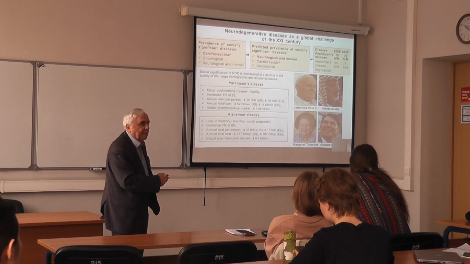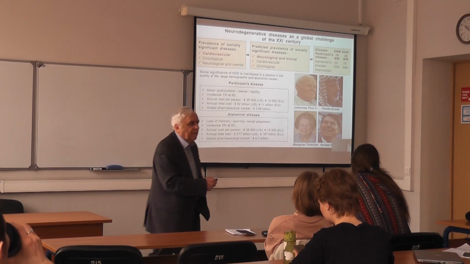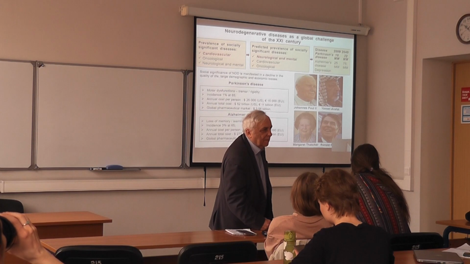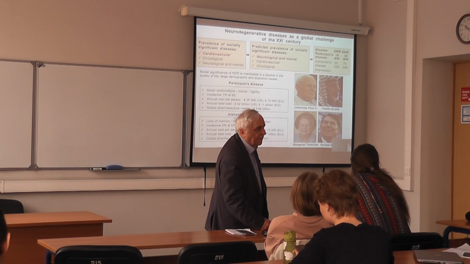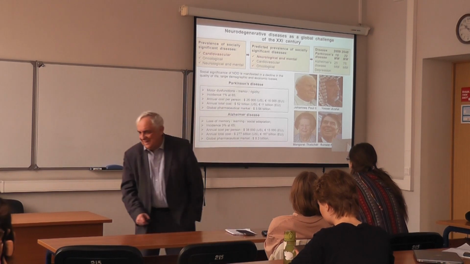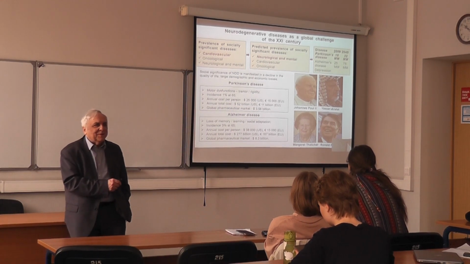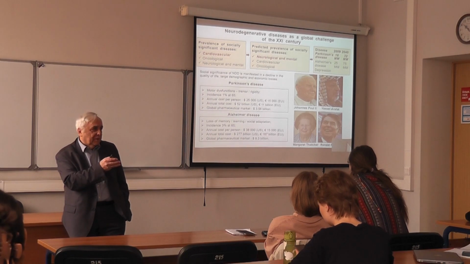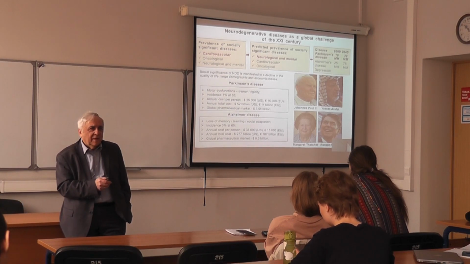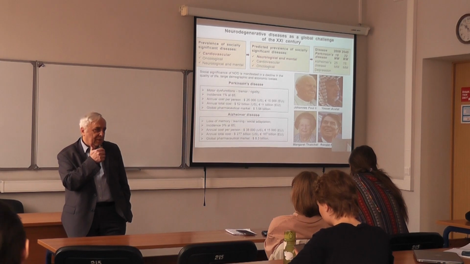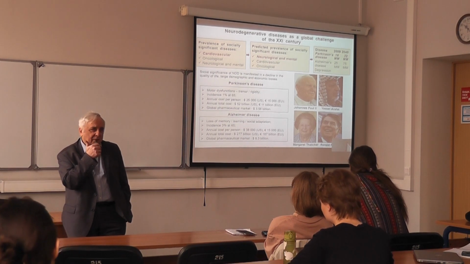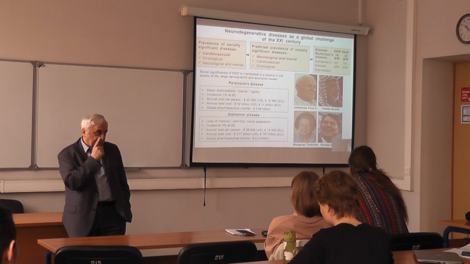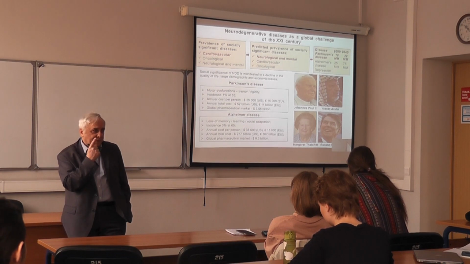Well, I think that in Parkinson's disease, the cognitive type of neurodegeneration is also involved. That's a good question, because we have said for a long time that there are Parkinson's disease and Alzheimer's disease.